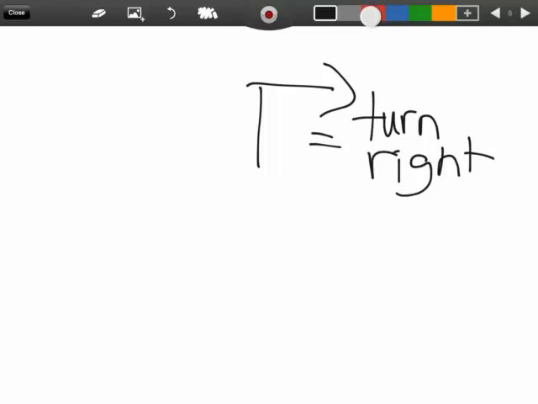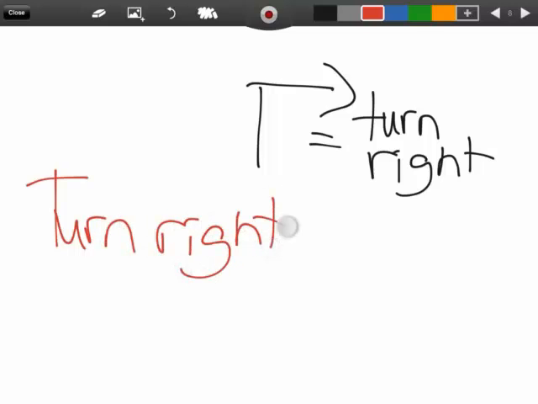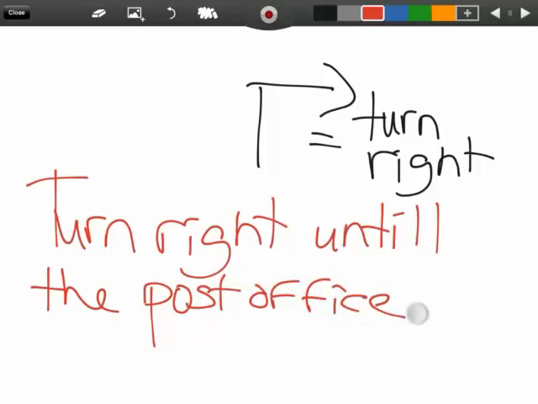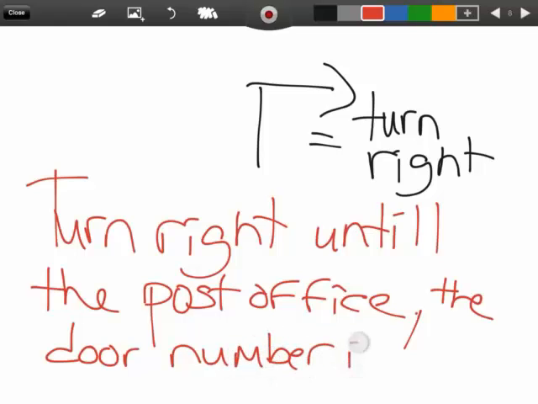And if you want to use this in a sentence, you could say turn right until the post office.